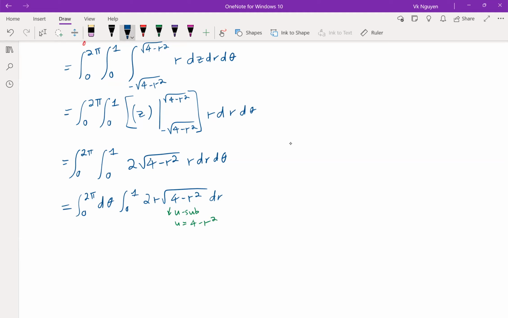Two pi. Okay, so negative 1, square root is 1/2, right? So 1/2 plus 1 is 3/2, 2/3, 4 minus r squared to the 3/2, right?